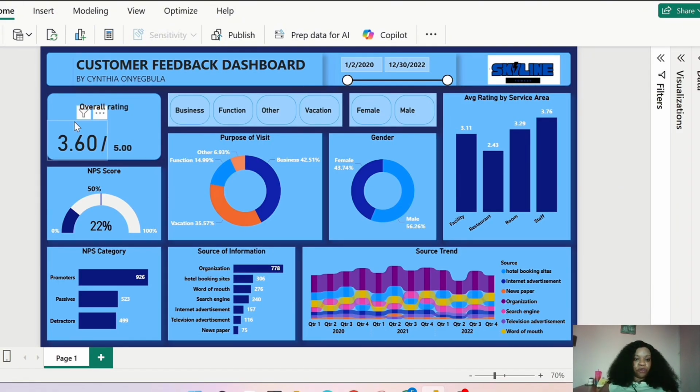Let's start with the overall rating. Currently, as we can see, this hotel has an overall rating of 3.6 stars out of 5.0. As a CX analyst, this tells me something important. It's not terrible, but it's not excellent either. This is the kind of score where a business can easily slip downward if nothing changes.